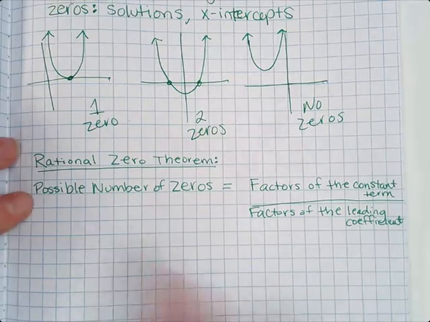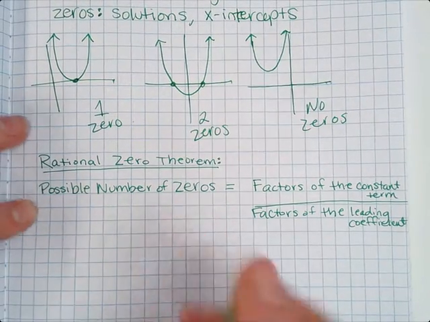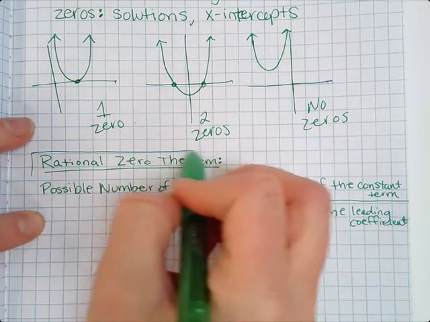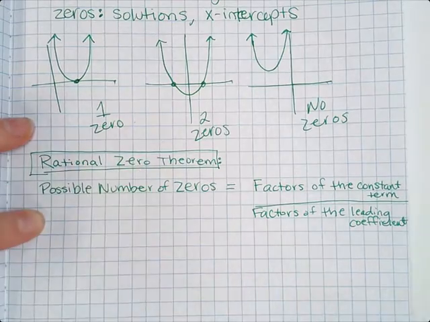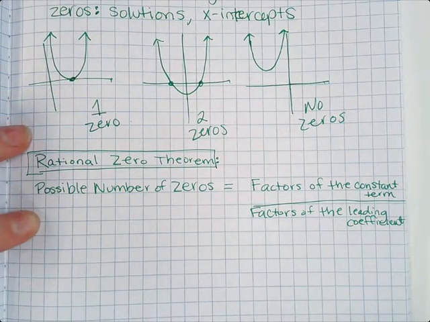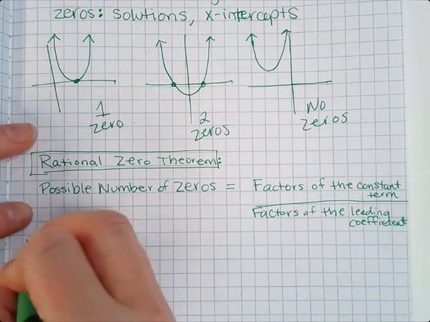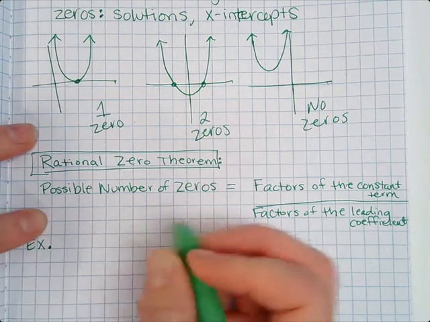So these are the possible number of zeros. So this is the rational zero theorem. So let me go ahead and give you an example.